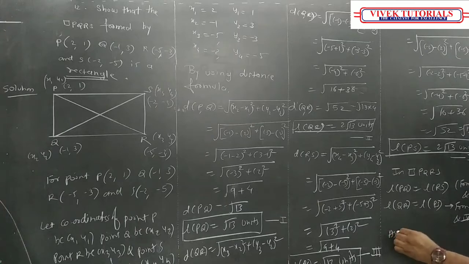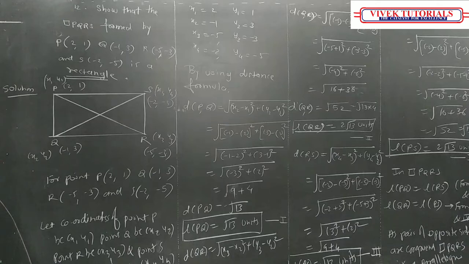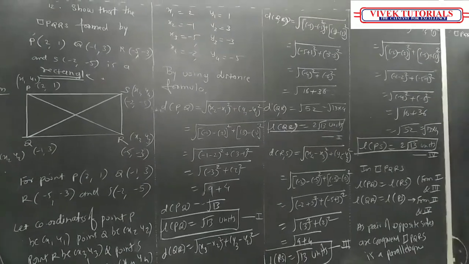Therefore, as a pair of opposite sides are congruent, quadrilateral PQRS is a parallelogram.